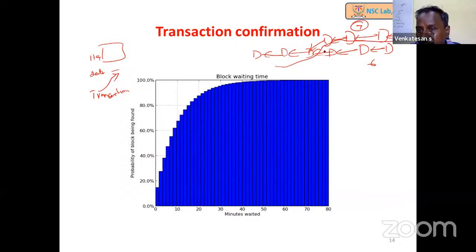So it is possible that my transaction which is added into this block has gone into a fork, not the main chain. Any action taken on the transaction added into this block becomes null and void. For example, let's say I order some product from Amazon, and I do the Bitcoin transaction, and the BTC is committed into this block.